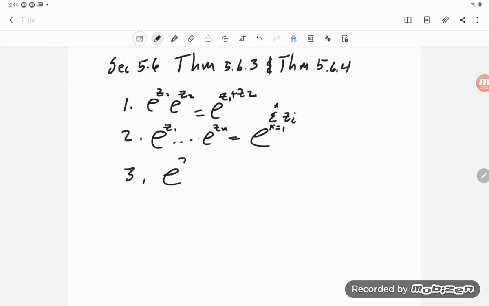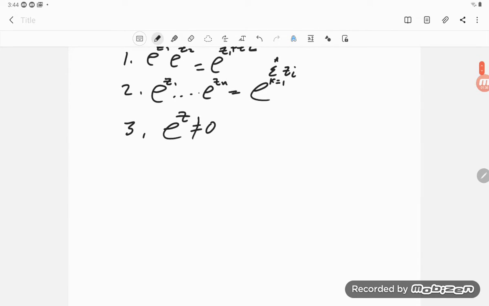e to the z is never equal to 0, because you remember that e to the z is e to the x, e to the iy, and so this is the arg, right?